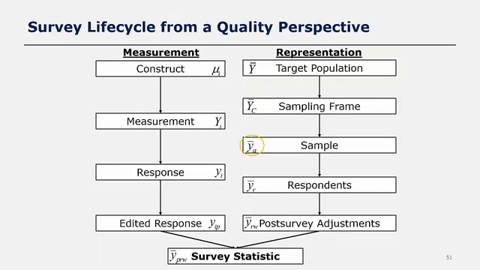The sample, individual sample unit, has a subscript A, and the respondent unit has a subscript R. Here too there can be differences, right? I can have an average value of age for all people in my sample, and then one for everybody that actually responded to the survey.